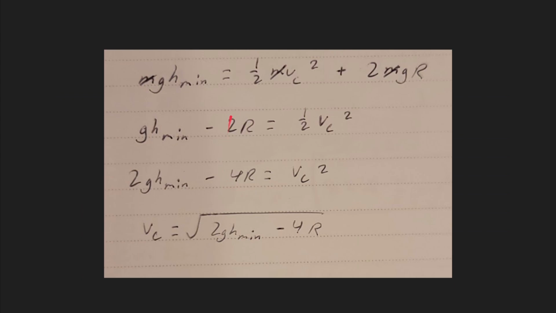Now right here, we substitute in the equations for kinetic energy at C and potential energy at C, make it equal to potential energy at A, and we can cancel out our m's. We start to simplify, bring over that 2R, multiply by 2 here, and then square root it all, and here we have our velocity at point C. But that's not what we're asked to find, that's part of our way to solve this question.